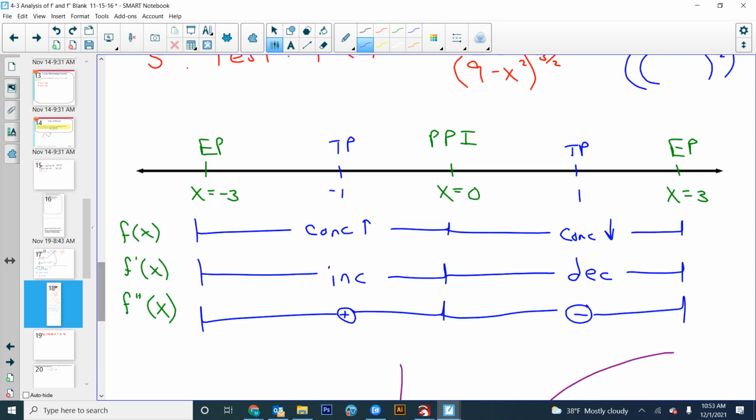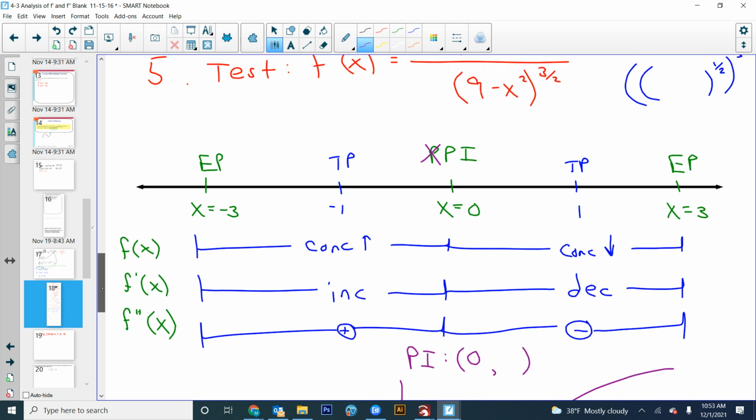We were asked about points of inflection. Guess what? Congratulations, x equals 0. You graduated. You're now an actual point of inflection. So a point of inflection at 0, comma, where should we plug in 0 to find out its coordinate?